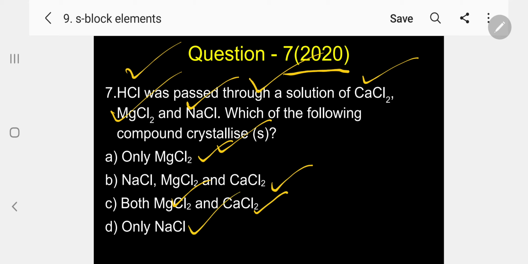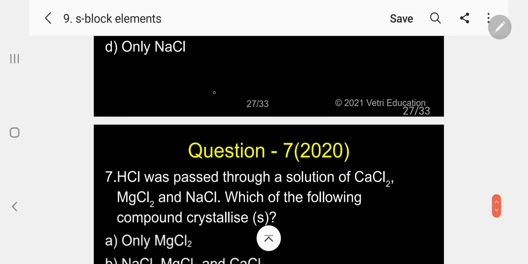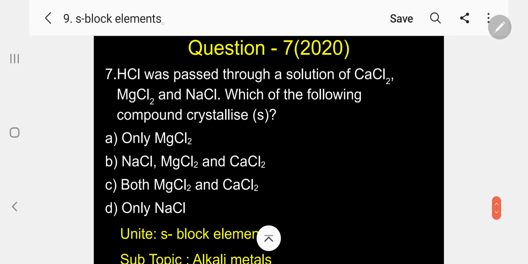Here, they are simply adding sodium chloride, so it's a combination of first group and second group. My duty is to indicate that this question was asked in the S block elements.